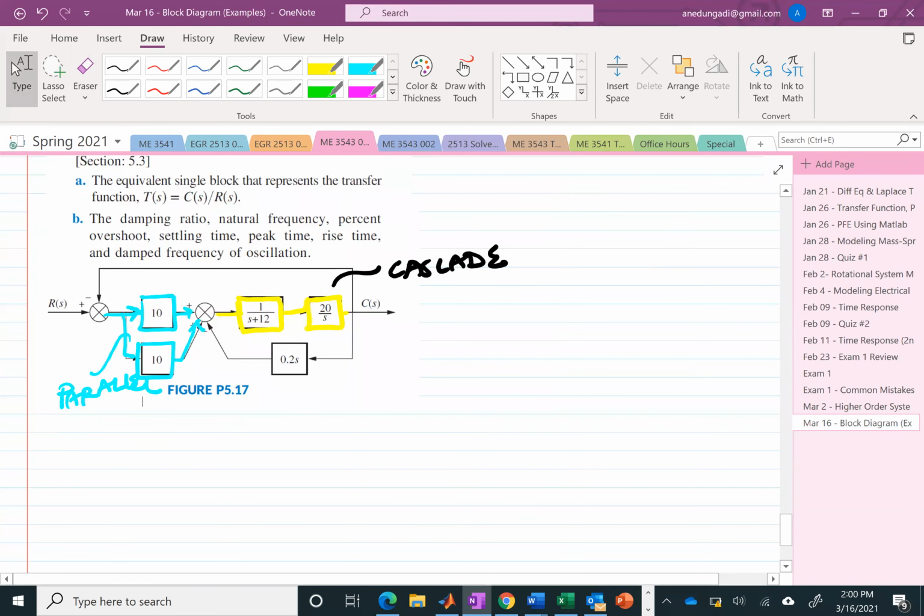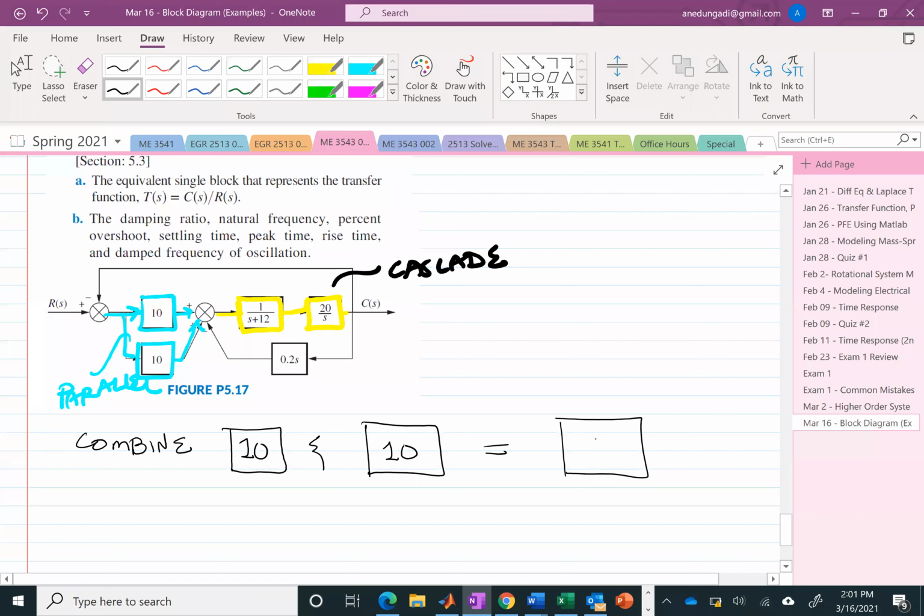So I would say combine 10 and 10 to 10 plus 10, 20 parallel. Okay.